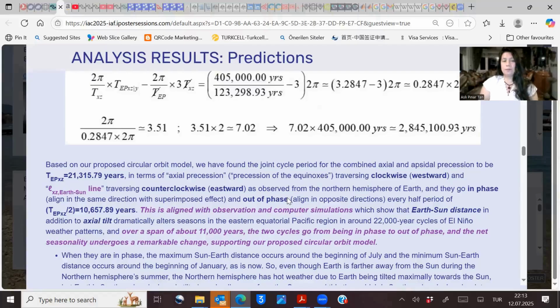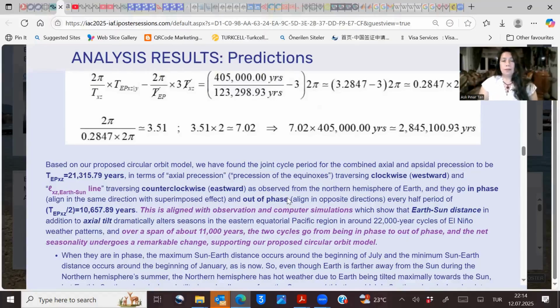The reason that the alignment of the LXC line with the solstice line affects climate on Earth in a major sense is because the LXC line is the most important factor causing the aphelion of the relative Sun-Earth ellipse.